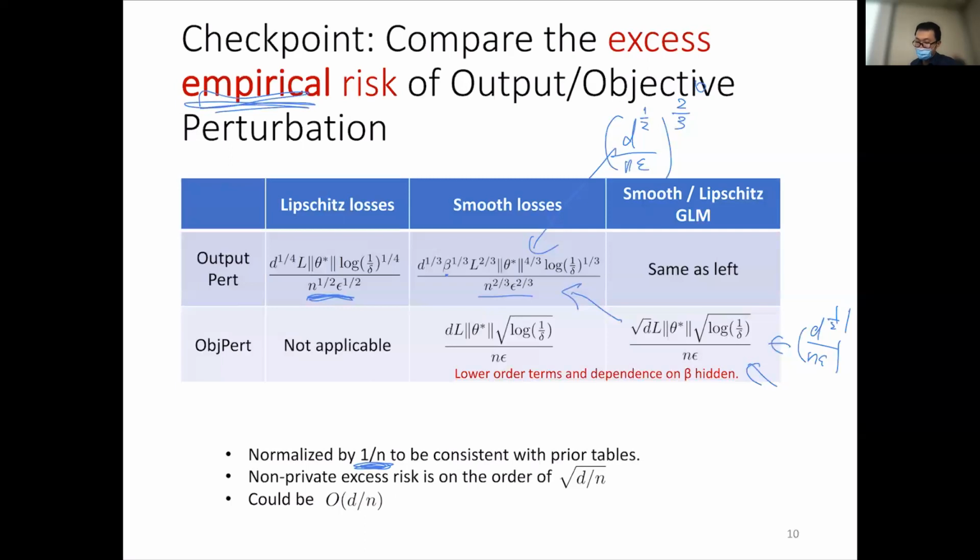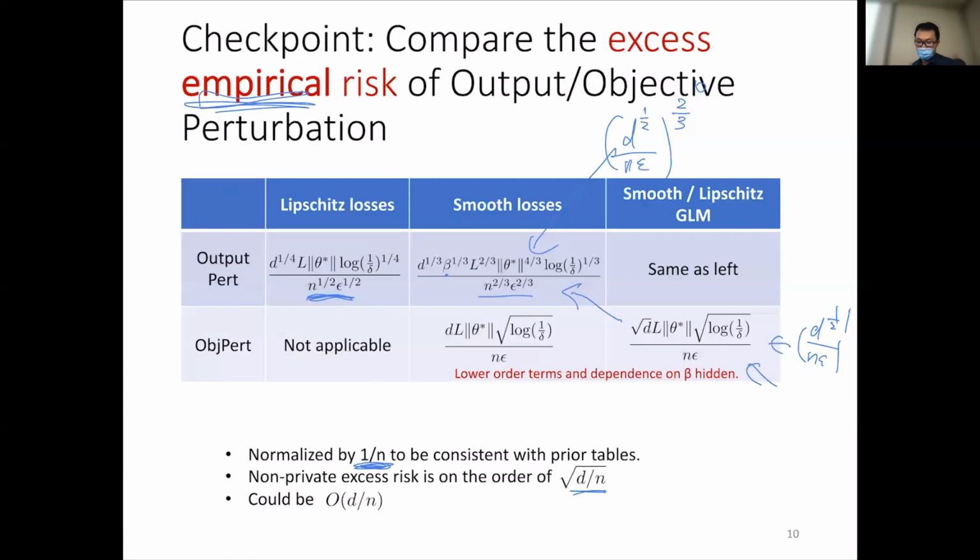We can see that generally the excess risk is on the order of square root of d over n, rather than d over n. Therefore, the objective perturbation gives us something very appealing as it doesn't have additional dependence on d, and as epsilon is relatively large, in a reasonable range, say epsilon equals 1, it gives us a much faster convergence compared to the worst case non-private excess risk bound, which is square root of d over n.